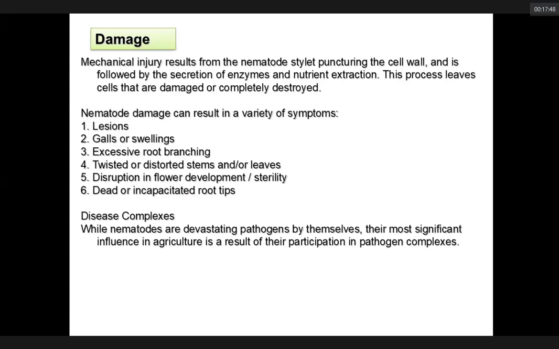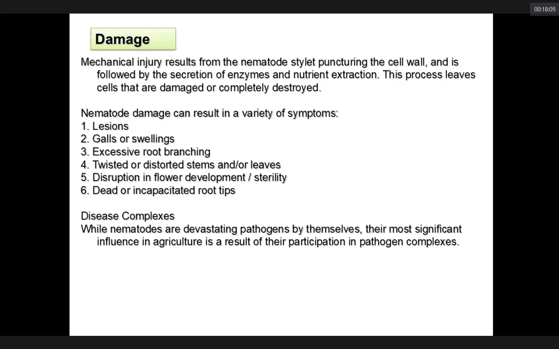Below ground parts, the topmost 15 centimeter depth. So this area we call rhizosphere, the topmost soil where the root system is distributed.